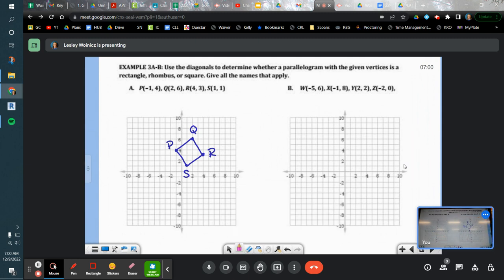All right. We have to use the diagonals. So let's start with the slopes. So the slope for PR is down 1, right 1, 2, 3, 4, 5.